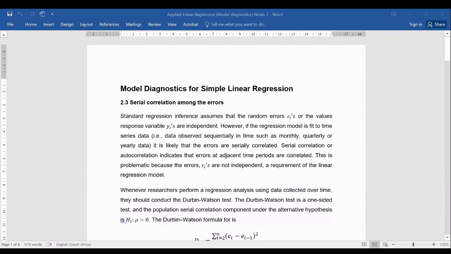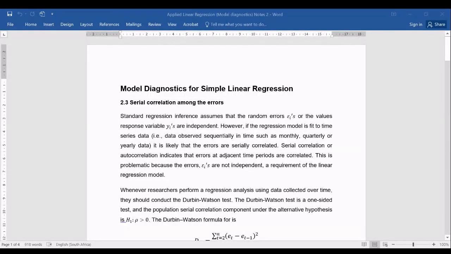You saw, for example, with beta 1 hat: if beta 1 hat is a variable and we standardize it, we end up with a z equal to beta 1 hat minus beta 1 divided by the standard deviation of beta 1 hat, which follows a normal distribution with mean 0 and variance 1, because beta 1 hat follows a normal distribution with mean beta 1 and variance sigma squared over SSxx.